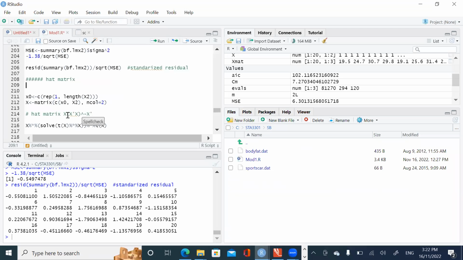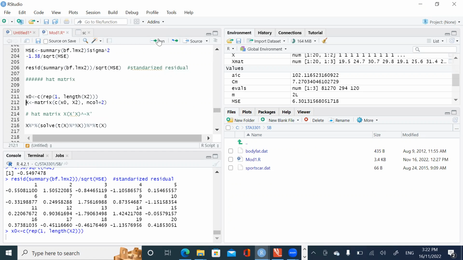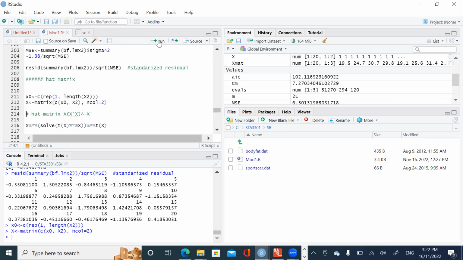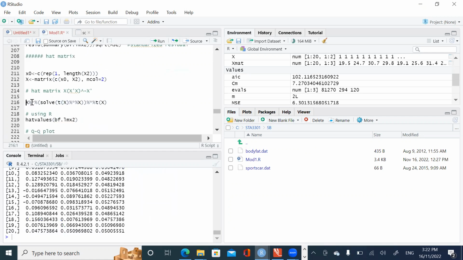First of all, x0 is included here, so I have defined x0 as repeats of the length of x2, and the X matrix is x0 and x2. Now this is our hat matrix: X multiplied by solve of X transpose X, which is the inverse, and then multiplied by X transpose. If I calculate that, that will give me the hat matrix.